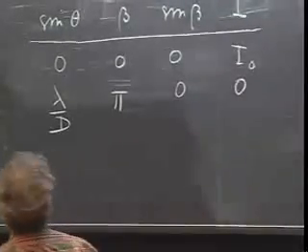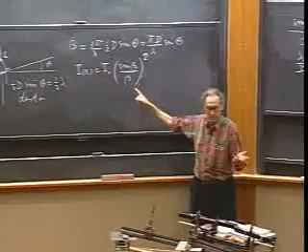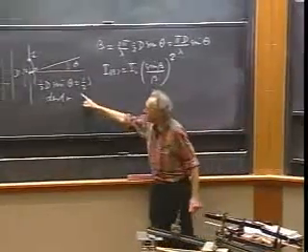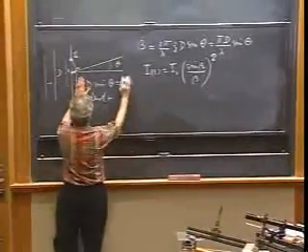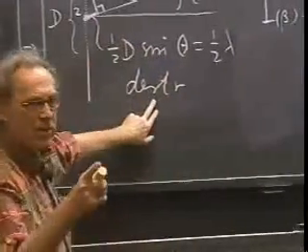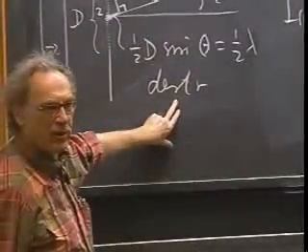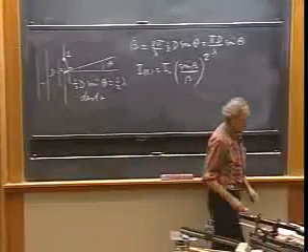Because the upstairs is 0, but the downstairs is not 0. Ah, that's this. Because look, if you take this half away and you take this half away, you get that the sine of theta is lambda divided by d. I already predicted that you would have destructive interference. That's exactly this case, of course.